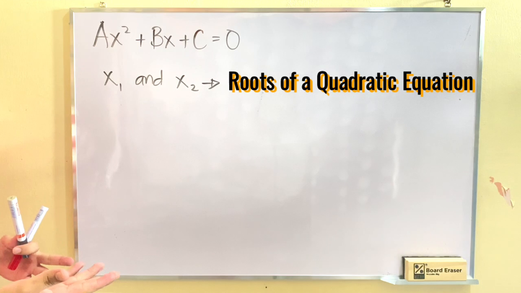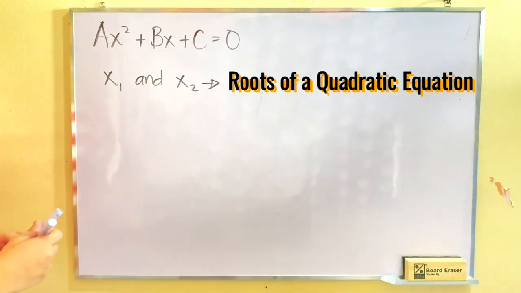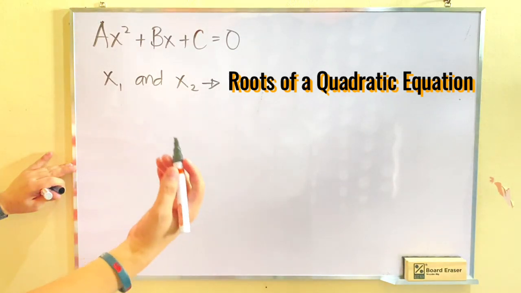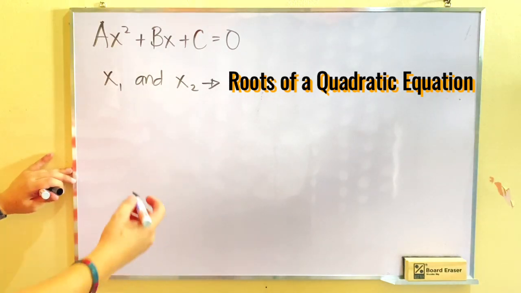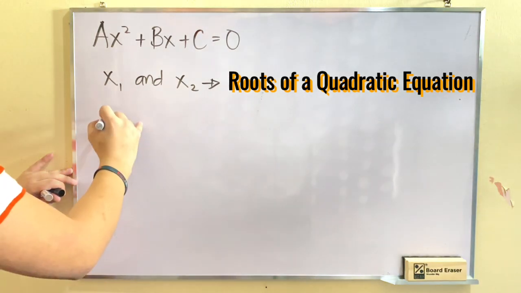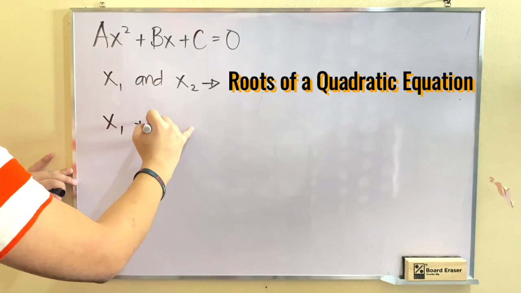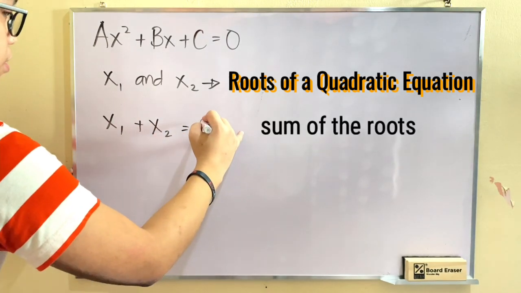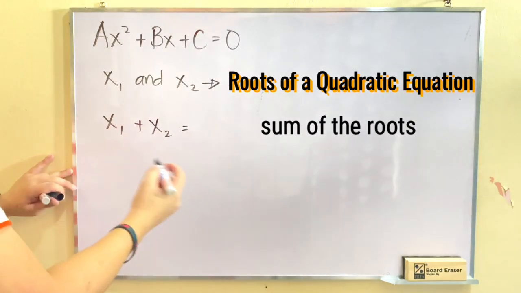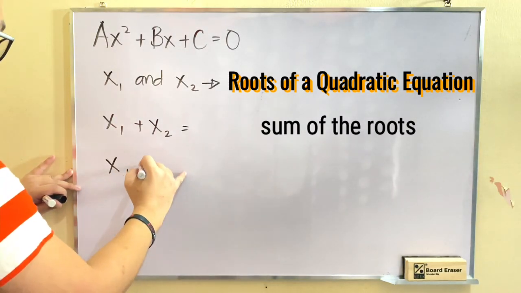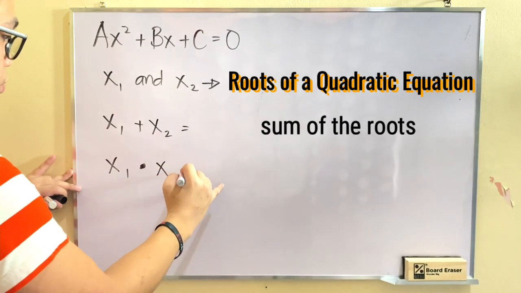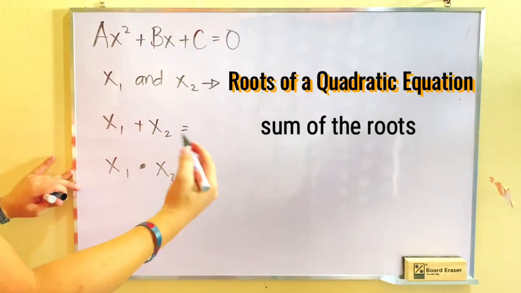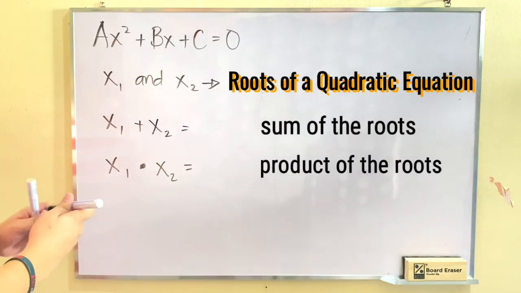Then, ang topic natin is sum and product. So, kapag meron tayong sum and product ng roots of a quadratic equation, maaari natin siyang isulat ng x sub 1 plus x sub 2 is equal to sum of the roots. And then, x sub 1 multiplied by x sub 2, so sila naman yung makukuha nating product of the roots.